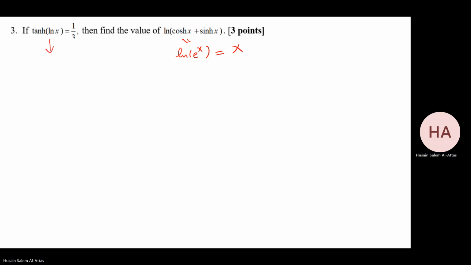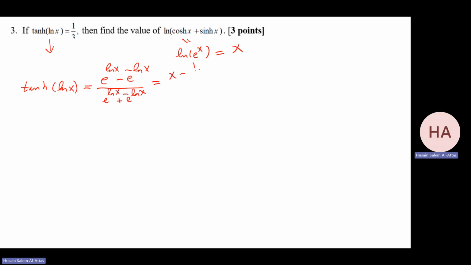Tan hyperbolic of ln x will be e to the ln x minus e to the minus ln x over e to the ln x plus e to the minus ln x. So it will be x minus 1 over x over x plus 1 over x. That will be x squared minus 1 over x squared plus 1.